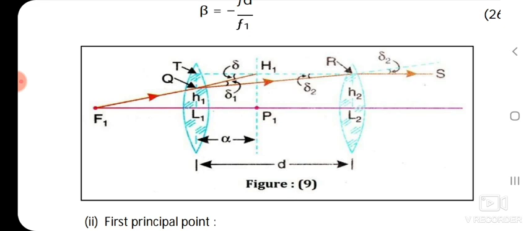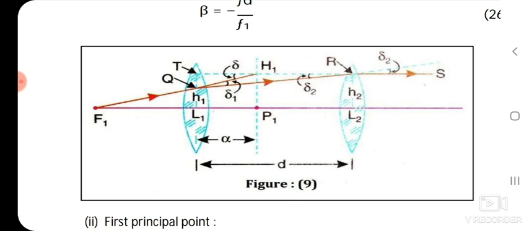According to sign convention, beta would be negative as it is measured towards the left of the lens. So QF2 is equal to F1 minus beta, or QF2 is equal to F plus beta.